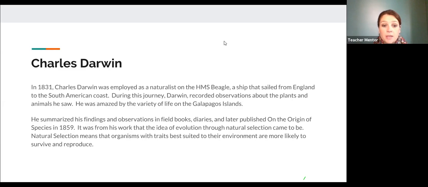It was from that work that the idea of evolution through natural selection came to be. One of the big important vocabulary words that we're going to talk about is natural selection. This means that organisms with the traits that are best suited to their environment are more likely to survive and reproduce.